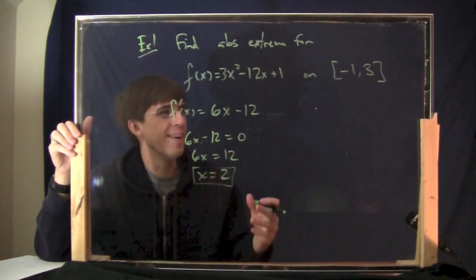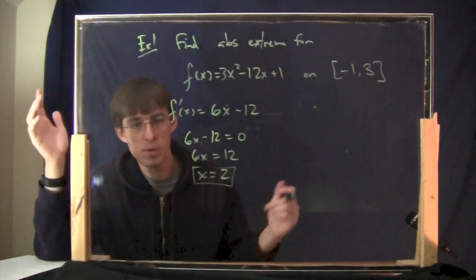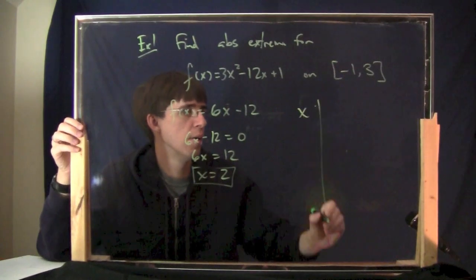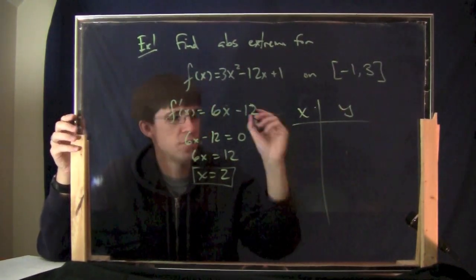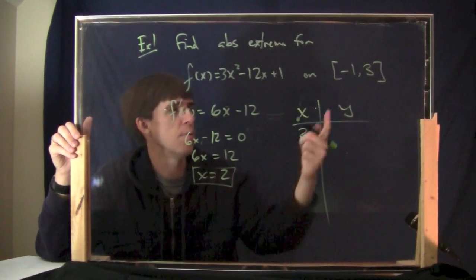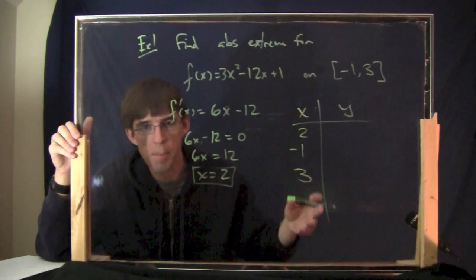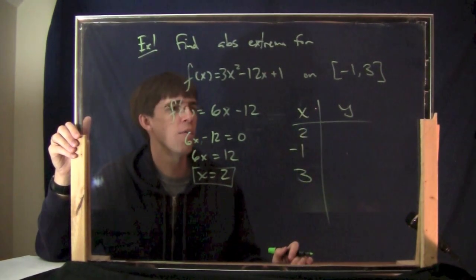Now I need to compare the y values at this point and at these 2 points. I'm going to make a little chart of x values and y values. The chart should include all critical numbers, which in this case is just that one, and all interval endpoints, and compare the y values.